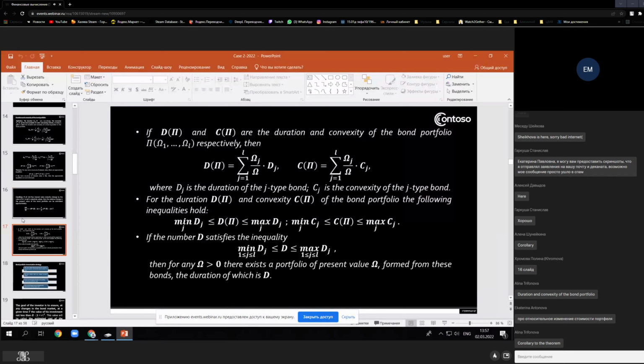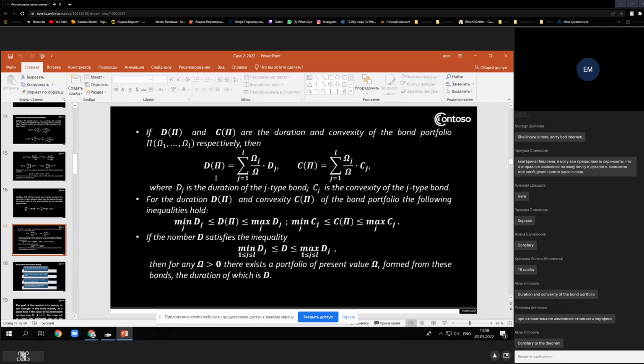So here to apply this construction and to estimate the duration and convexity of a bond using these formulas, because as you can see here, it's about the weighted duration. At this moment, we are assuming that interest rates to all the terms will be equal.